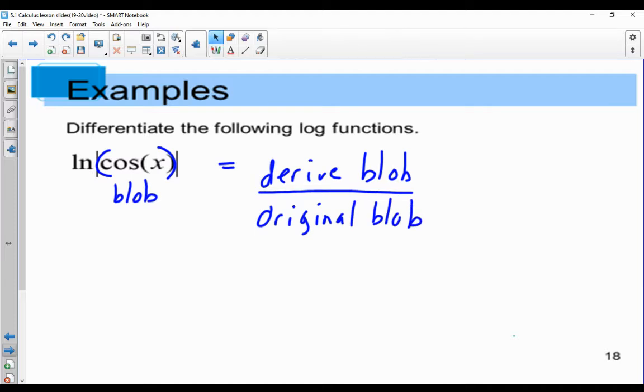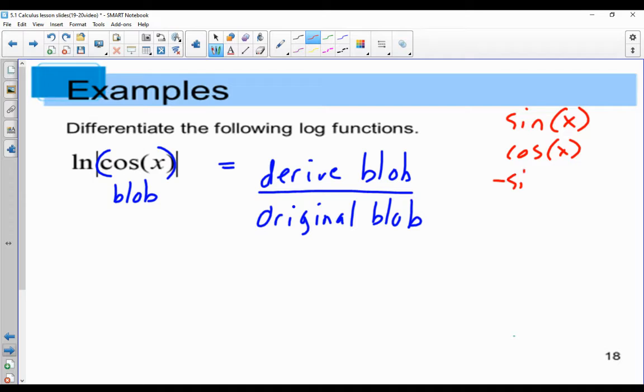And of course, this probably means you're going to need to remember your sine-cosine loop. Sine, then cosine, then negative sine, then negative cosine. The way this loop works, if you want to find the derivative, you take the next one down.